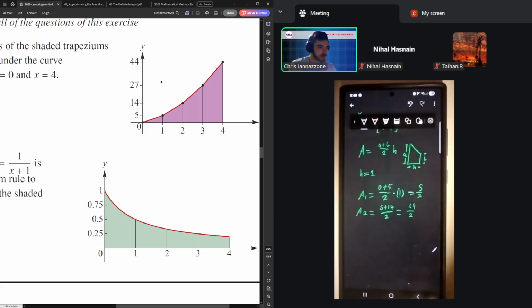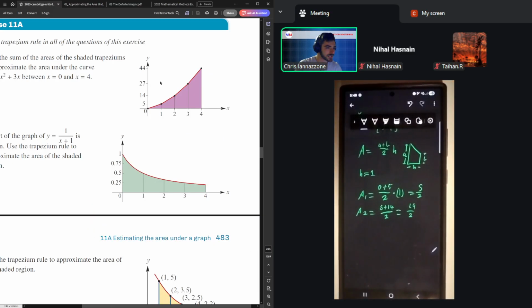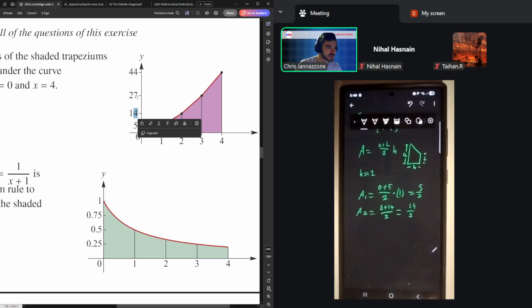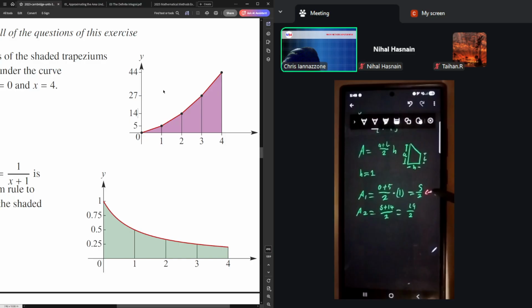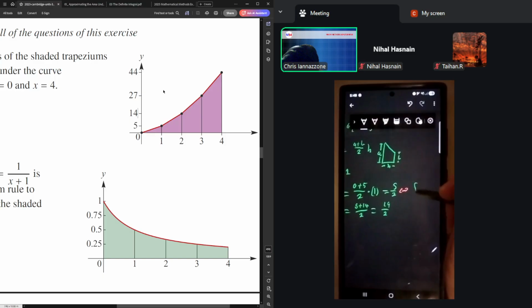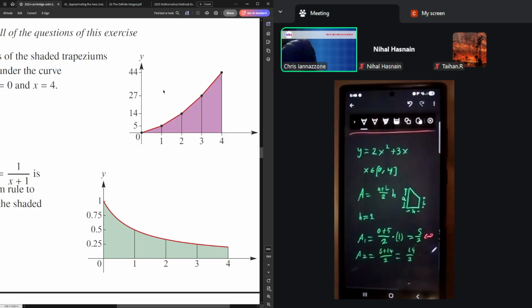If we didn't have those labeled, let's say we didn't have the heights labeled, what we would instead have to do is substitute in the x values into our function. So for instance, for this area 1, we had the x values of 0 and 1 that were binding the shape that we had. So in other words, we're trying to find f of 0 and f of 1, which is our function, right?